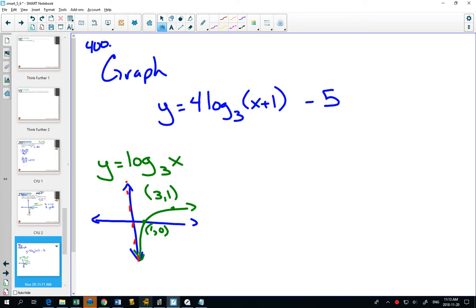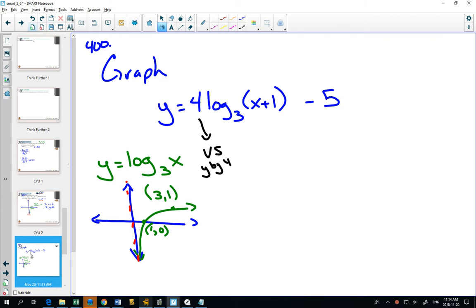So we can quickly view our parent graph, and then we can look at the numbers that we have from left to right. What will this 4 do? Vertical or horizontal? Close. Vertical. And it will be stretch, compression, translation: stretch. You're going to multiply your y values by 4. The next number you run into is the 3.